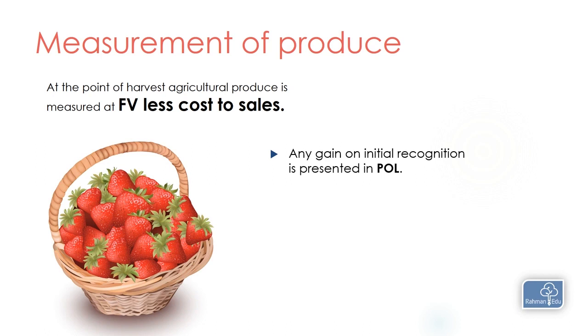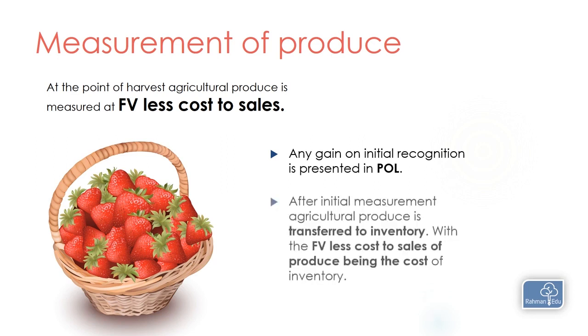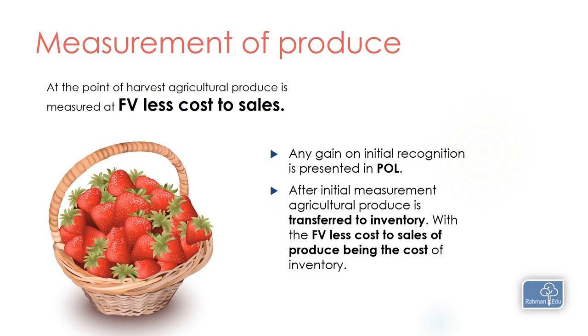Remember, fair value less cost to sell. After initial measurement, this agricultural produce will be transferred to inventory, and then IAS 2 principles will be applied. IAS 2 also requires inventory to have a cost, so the fair value less cost to sell of the agricultural produce should be considered as the deemed cost of that inventory.